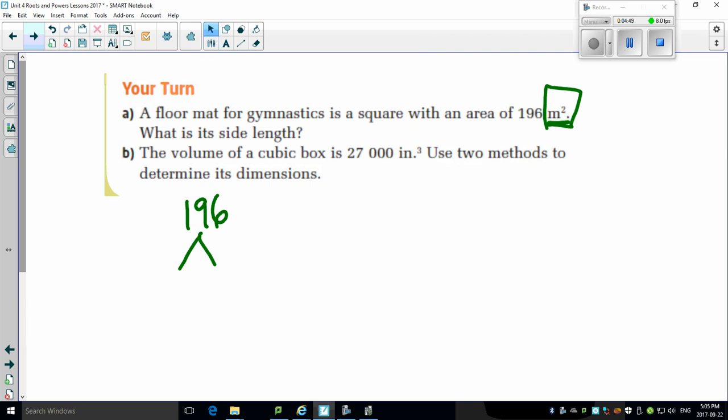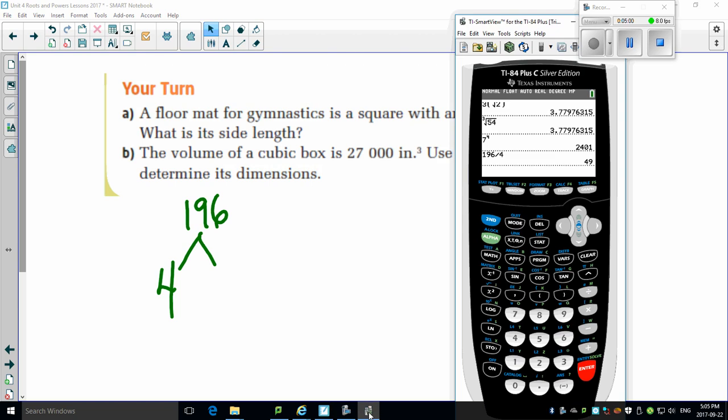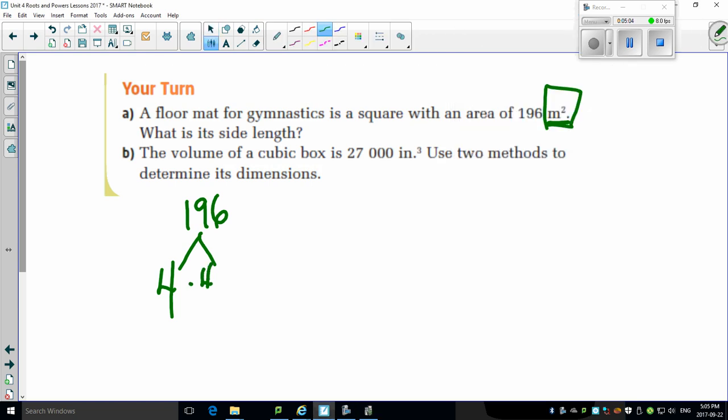Go with something a little bit bigger. So why don't we try 4? 196 divided by 4 works out to be 49. Break this down. This is 4. There is, guess what, 7 times 7.